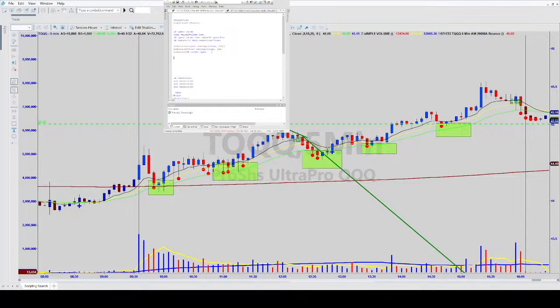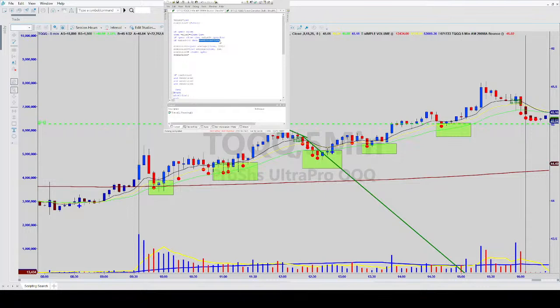Oh, well, I got rid of condition 4, which was supposed to control that. Condition 4 equals, no. If open minus closed, then value 3 equals open minus closed.